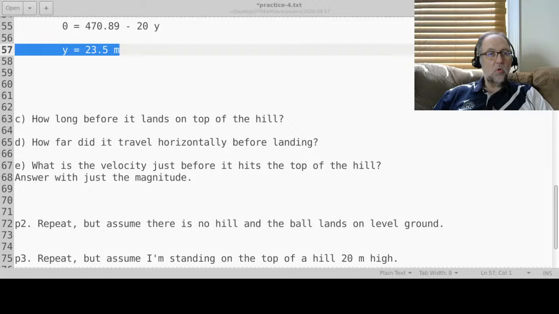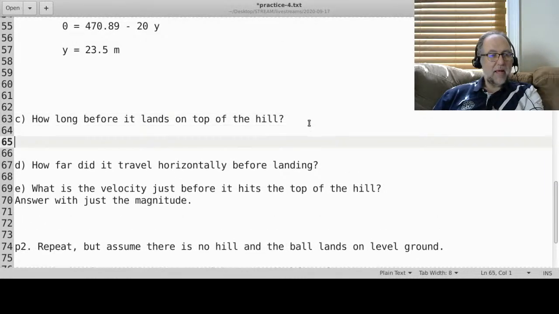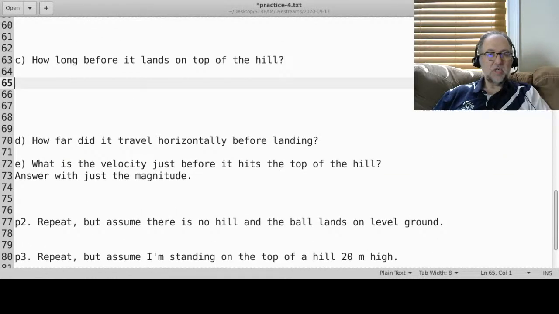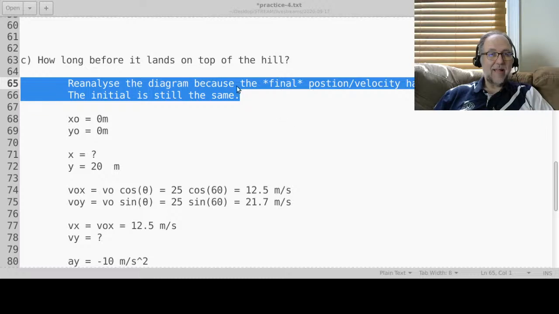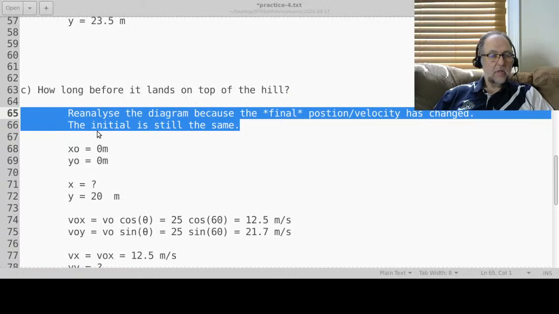All right, let me cut and paste the values from my answer sheet here. You'll see I start off by saying reanalyze the diagram, because the final position and velocity have changed.